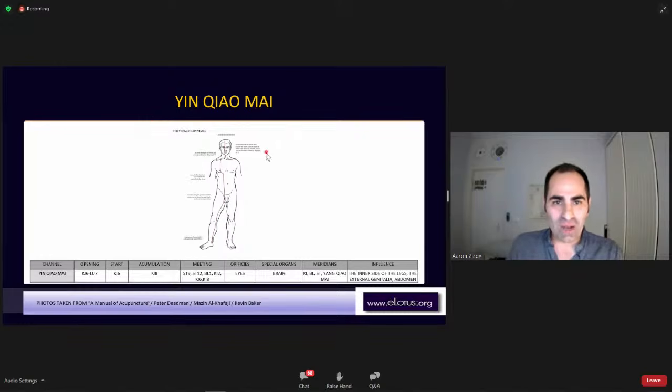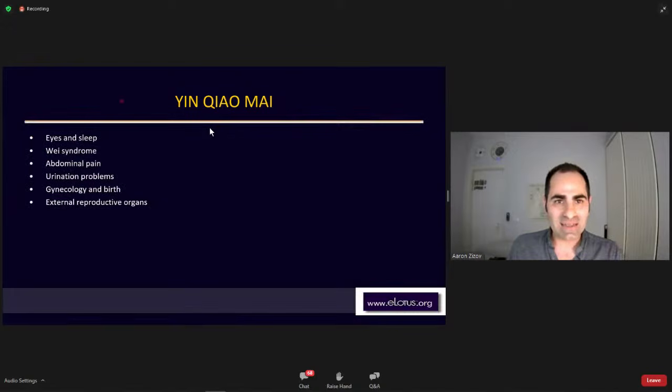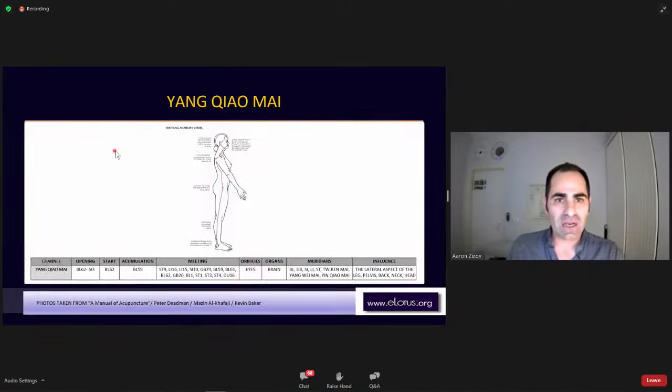So, after the yin qiao, we talked about yang qiao mai, with all the effect on the lateral aspect of the leg, pelvis, back, neck, and head, opening point with bladder 62 and small intestine 3. Organs affecting the brain also are yang meridians, and so on.